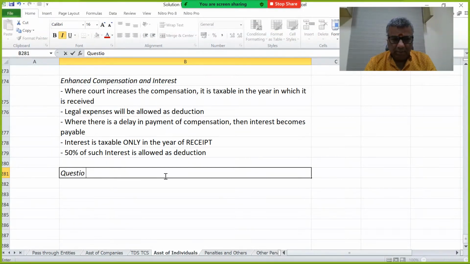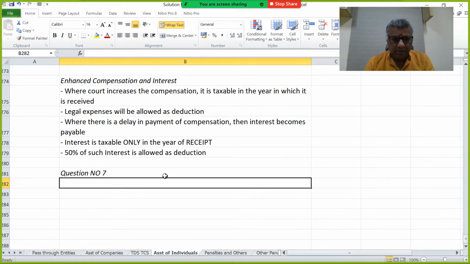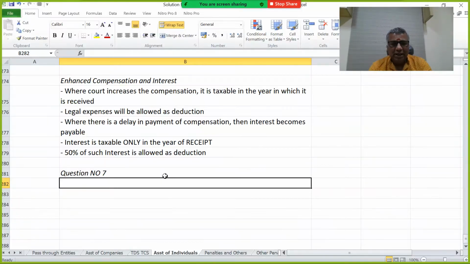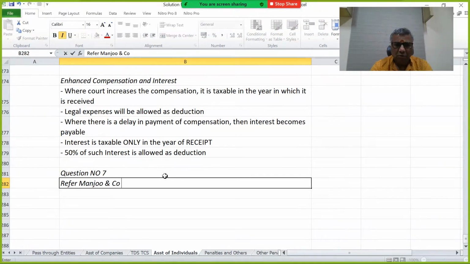A lottery dealer winning a lottery, will it be treated as business income? No. If you remember, refer Manju and Co. Lottery dealer winnings will be taxable under income from other sources and not as business income.